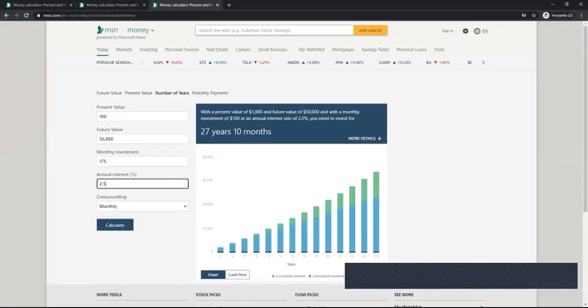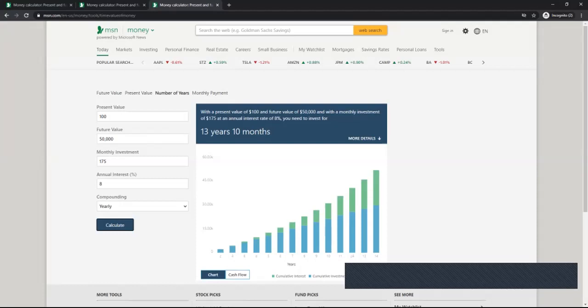The annual interest rate is, let's use 8% as an average. It could be less, could be more, and it's going to compound every year. So let's calculate how many years you need to get this amount. And it's going to take 13 years and 10 months.